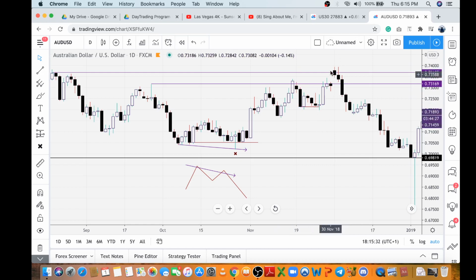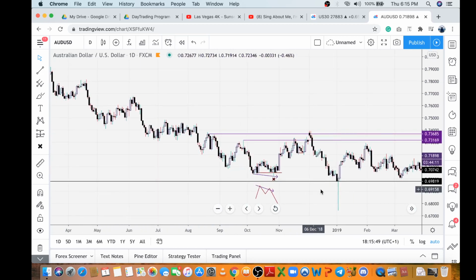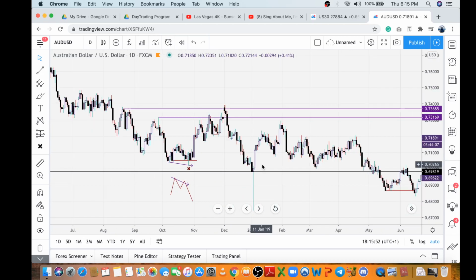Just know price is very near the higher time frame target. You're going to see situations like this where you run out light liquidity and then expand to the upside, which is what we saw in this price action. So that is that. Let me zoom in here real quick. Okay, so I think we're good to go.